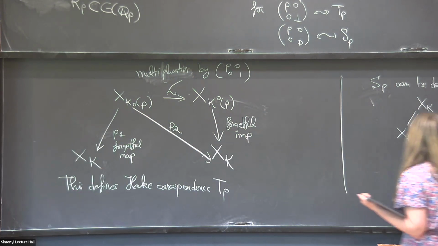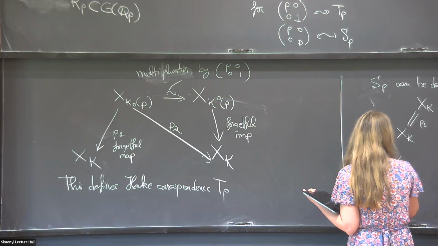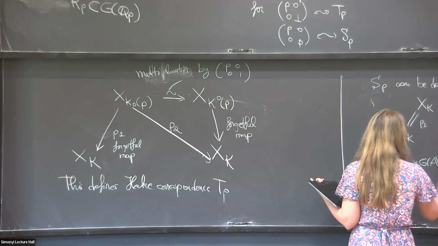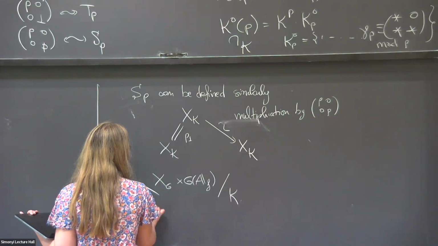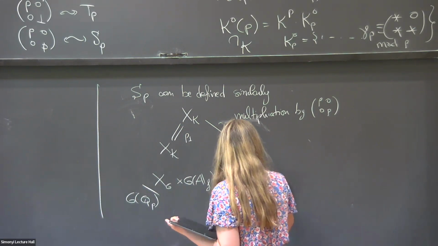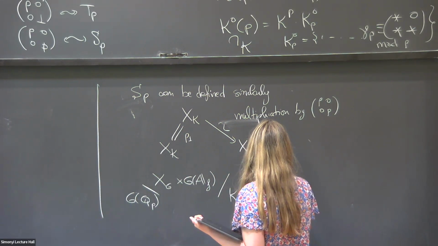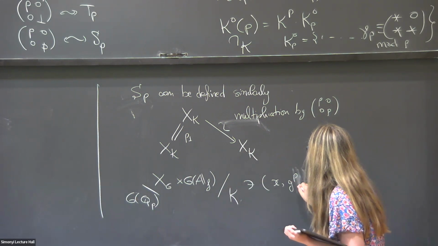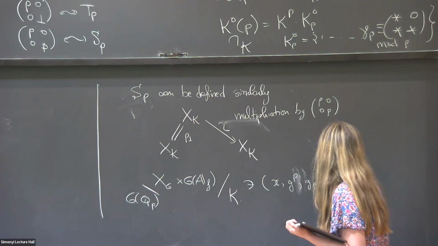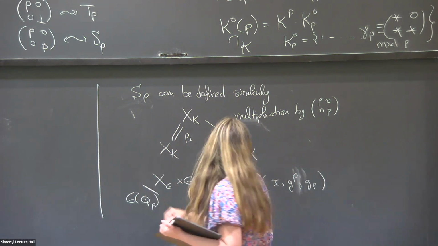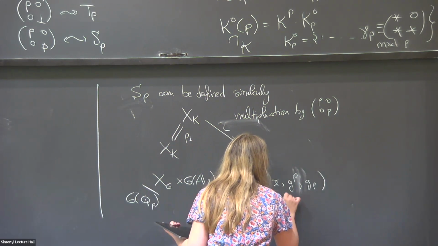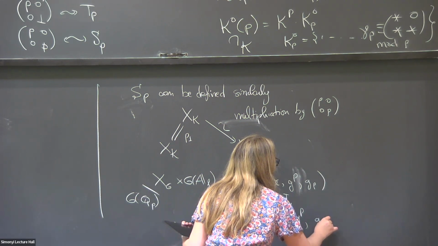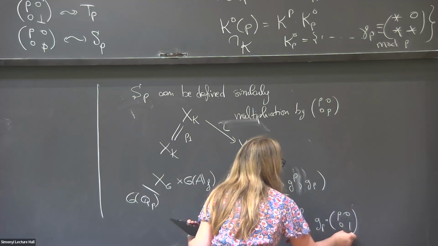So what that means is you have your XG cross G of AF modulo K modulo GQP, and I have an element in here that's a pair X comma G, and the G itself, you can write as a G away from P and a G at P. Then this multiplication would be, this gets sent to X, G away from P, G at P times P001.